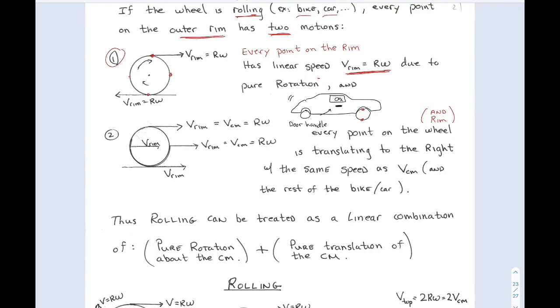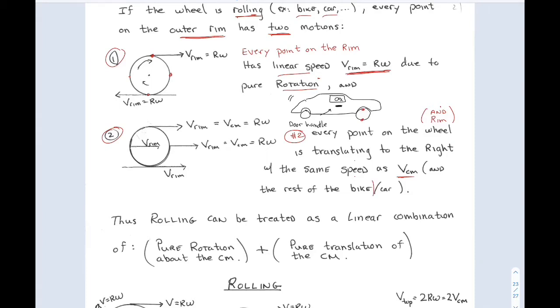So not only does every point on the rim have linear speed r omega due to rotation, but number two, every point on the wheel and the rim is translating to the right with the same speed as the center of mass and the rest of the car.